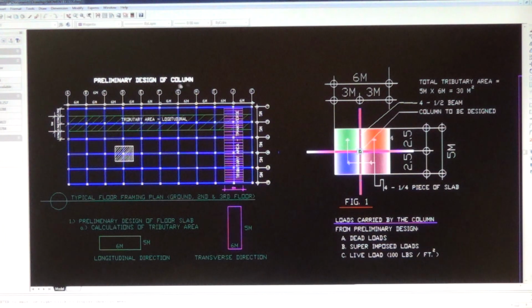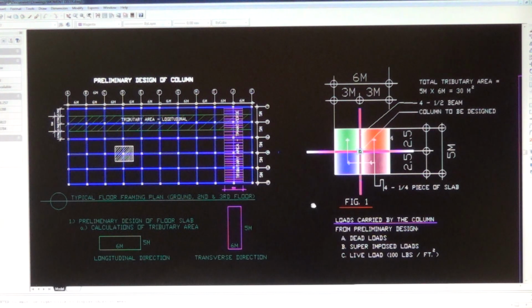So that after you design, you feel some kind of accomplishment. You will say, oh, I designed a column there, I designed the slab there, I designed the beam there. So there's accomplishment, right?